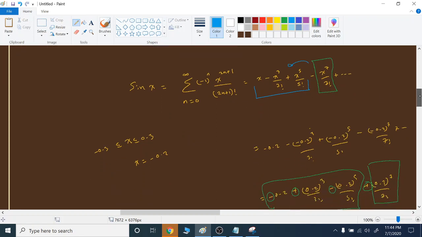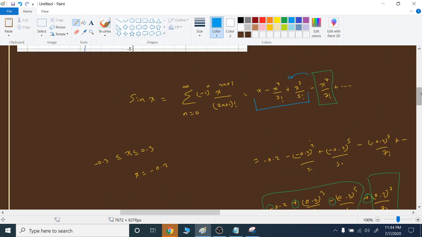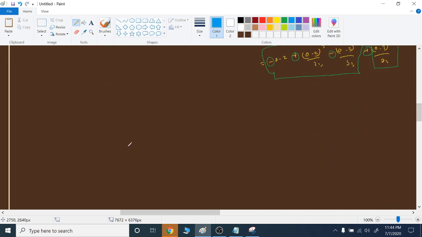Okay, right. So now when you take this term, you can see that x to the power 7 over 7 factorial will be, if we take the modulus, equal to the modulus of this number, right? And also we know that we are choosing x within this region, right?